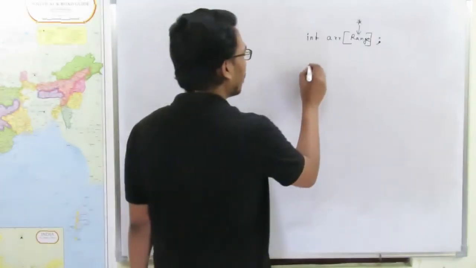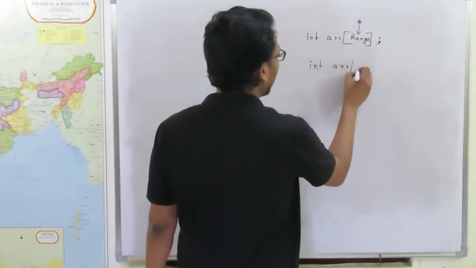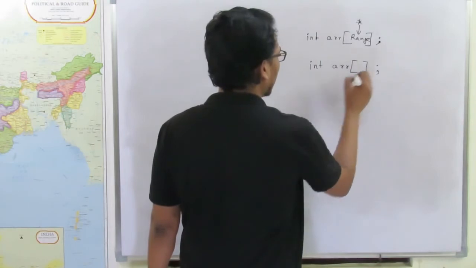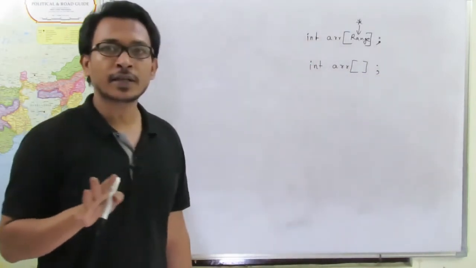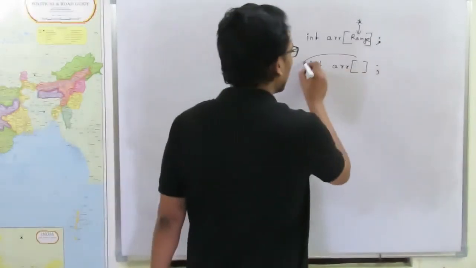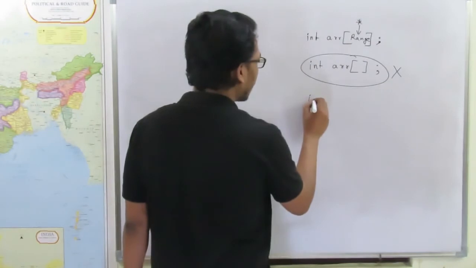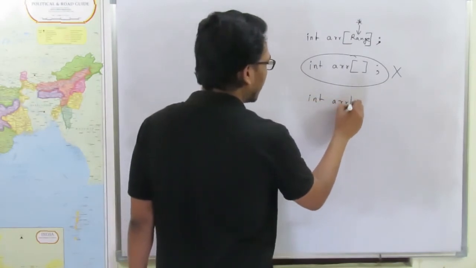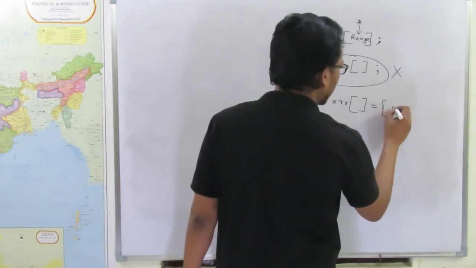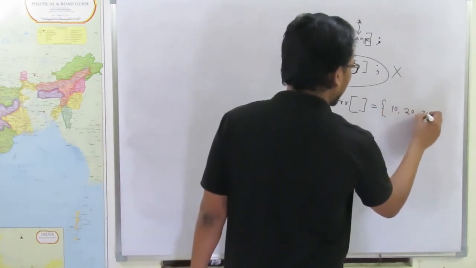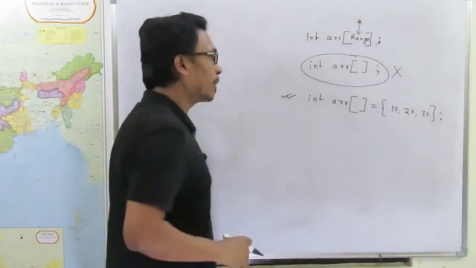That means if we declare an array like int arr, here we are not initializing and not specifying the range, then the system will give us an error. But if we use int arr and then initialize some values, let's say 10, 20, 30, at that time it will work properly.